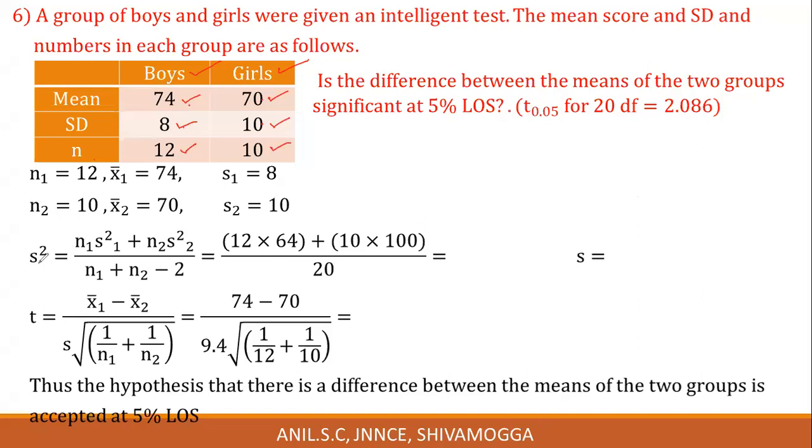We just calculate S square now. Is the difference between the means of the two groups significant at 5% level of significance? Test this hypothesis. The null hypothesis will be that the difference between the means of the two groups is significant at 5% level of significance.